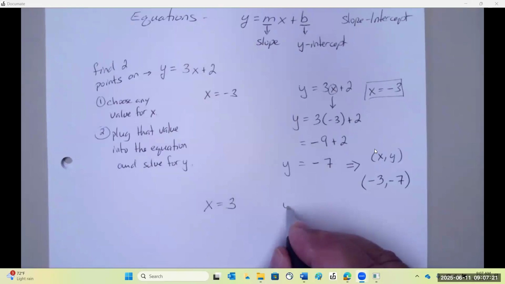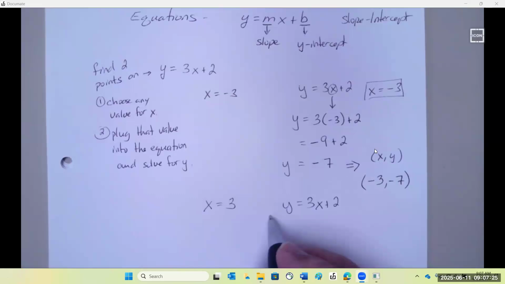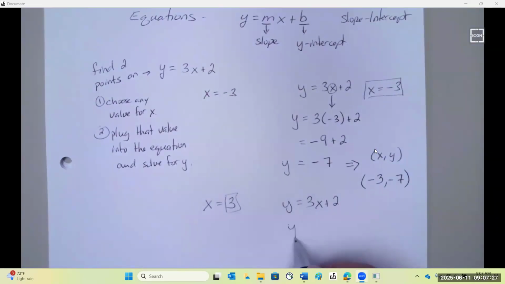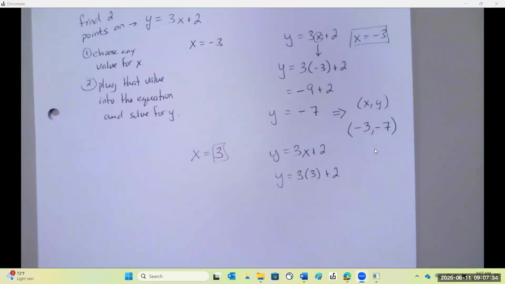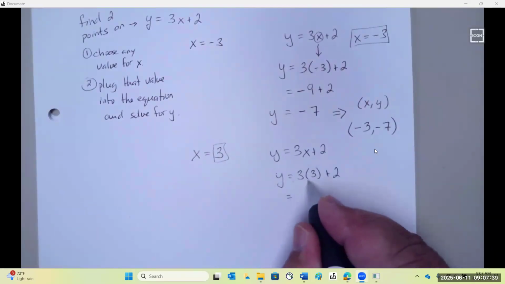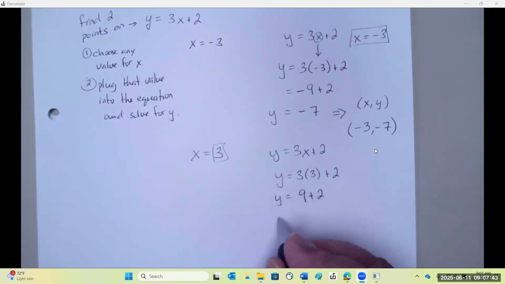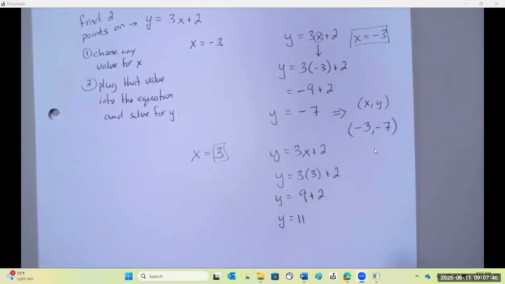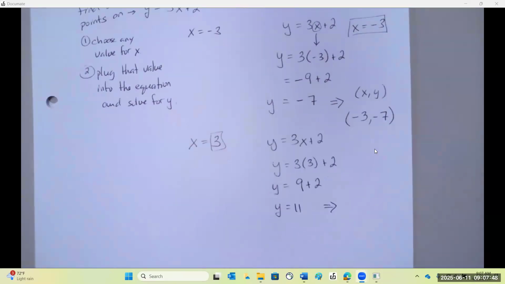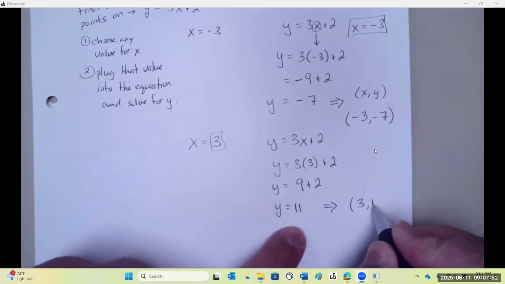So in here, the equation is y equals 3x plus 2. I said x is equal to 3. So in place of x, I put 3. And I work it out. They're both positive, so the answer is positive. 3 times 3 is 9. 9 plus 2 is 11. So the point on the graph here, x is 3, y is 11.